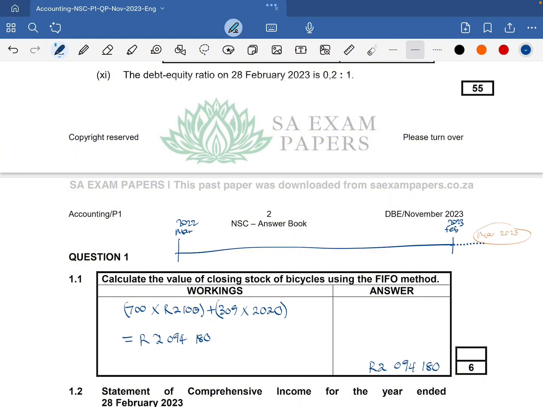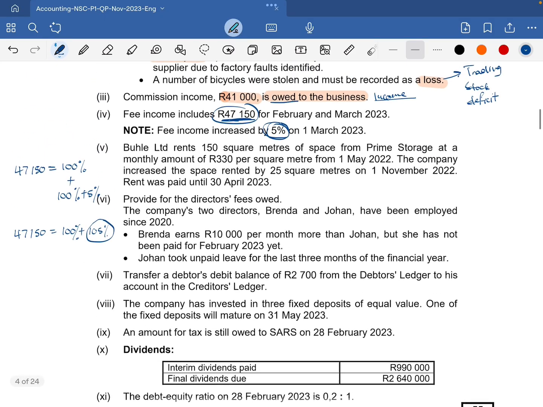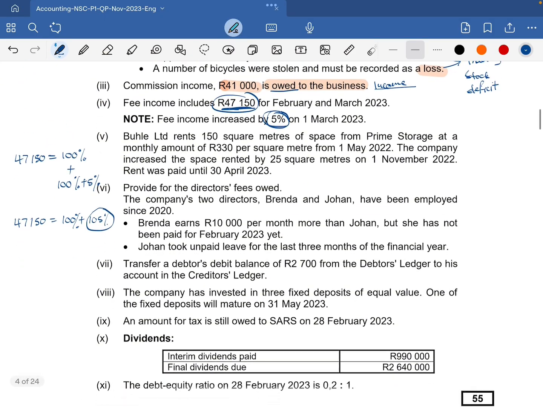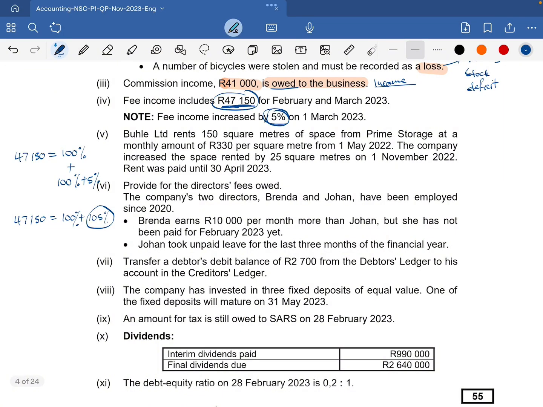So we know then that is income received in advance, and we can take note of that because we will need to use it in the statement of financial position. So we're just going to put a highlight on this one so we can take note of it. We know that it is income received in advance.